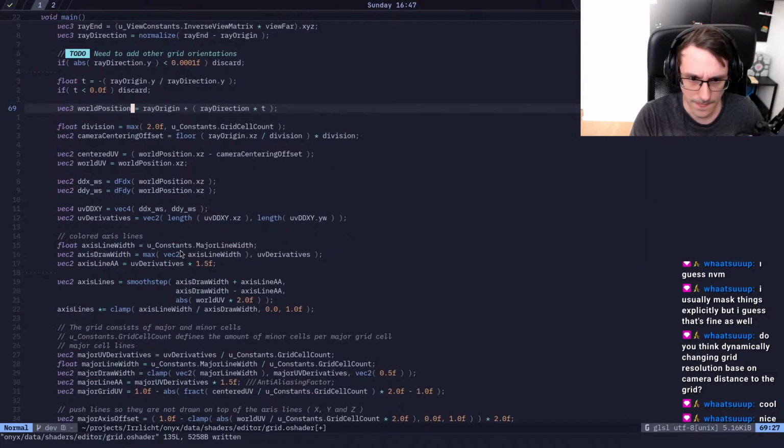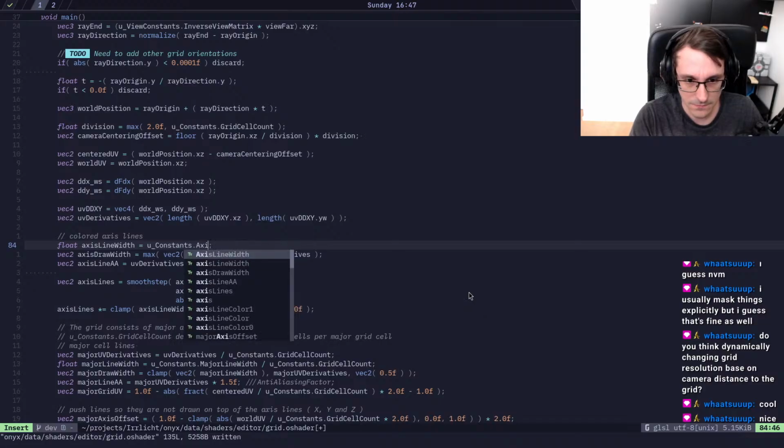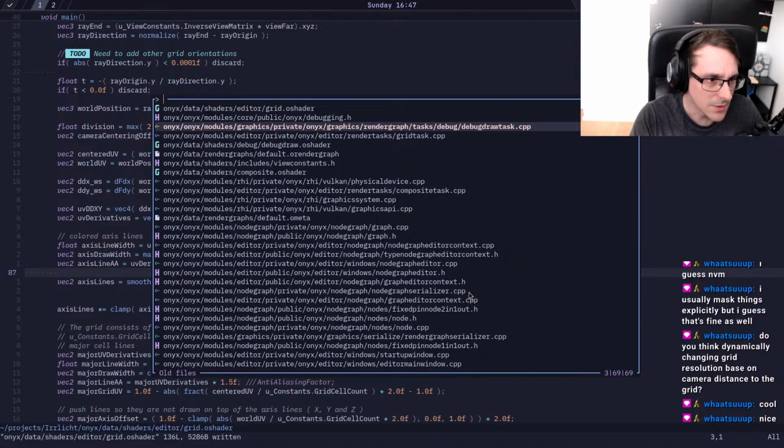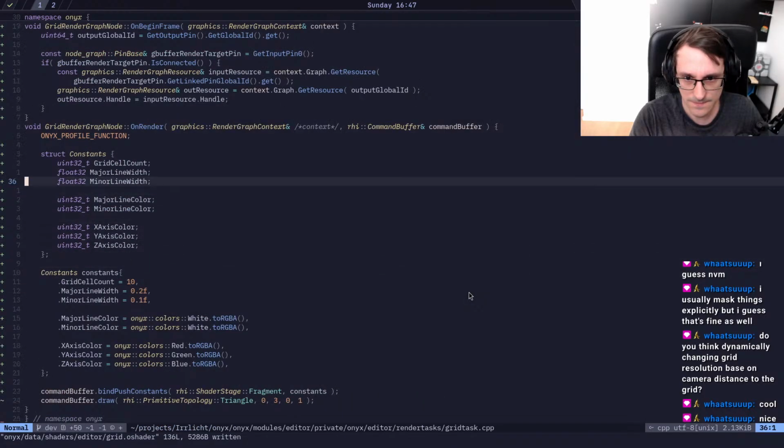And then here, axis line width. And then we need to go to our debug grid task.